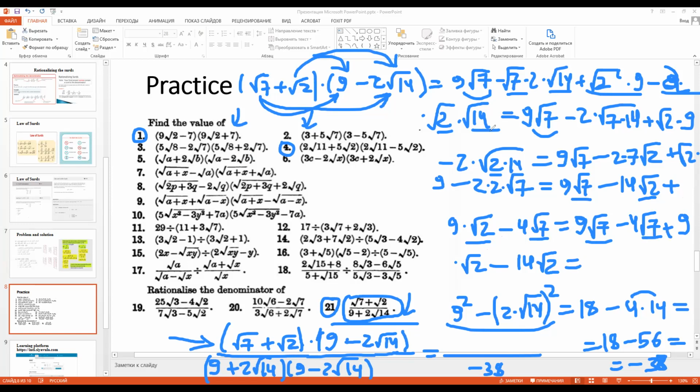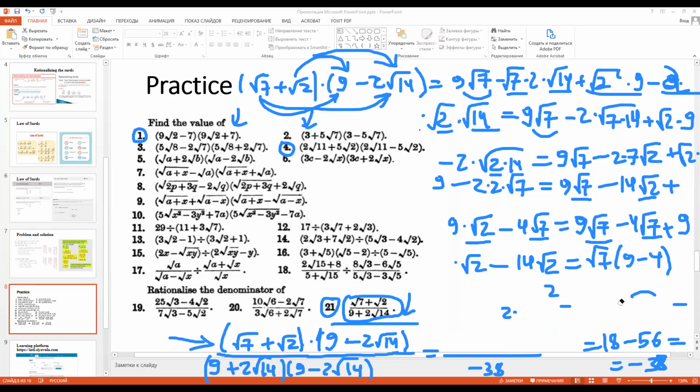Okay, take the common multiples out of the bracket. If you take them out of the brackets, you will have what? 9 minus 4. I need the space, so I have to erase this one as well.